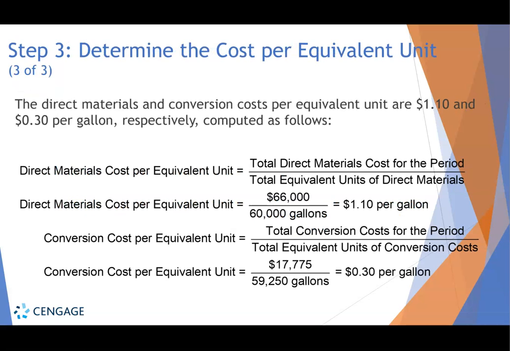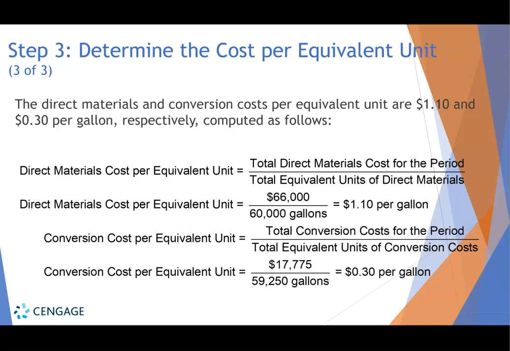Now, the costs per equivalent unit are used in step 4 to be able to allocate the direct materials and conversion costs to the completed and to the partially completed units.